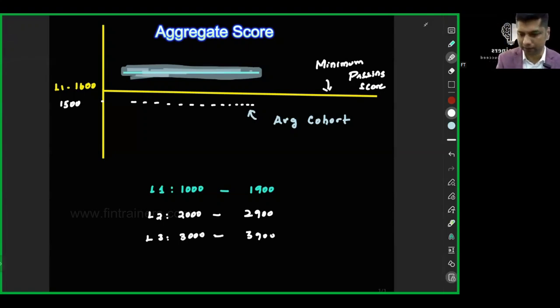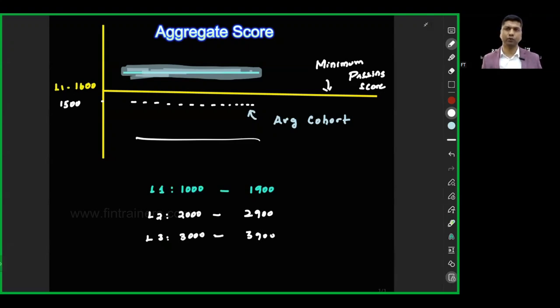Say the line is here, but if the shaded part overlaps with the yellow line, then you know you have done a good job. You are very close to clearing, so it's not that difficult to close. Whereas if your line is somewhere here and your shaded part is still nowhere close to the average or the MPS, that's a challenge, that's a problem.